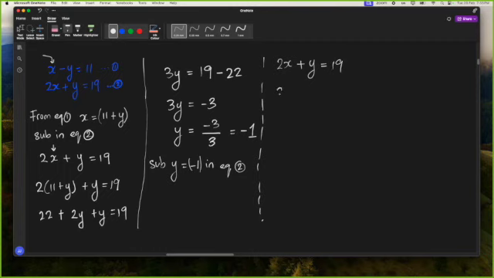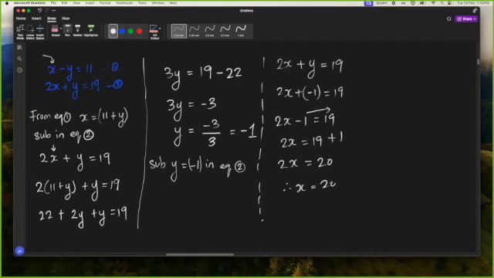So that means 2x plus negative 1 is 19. So that means 2x minus 1 is 19. Throw that across. 2x is 19 plus 1. 2x is 20. So therefore we could see that x will be 20 divided by 2, which is 10.